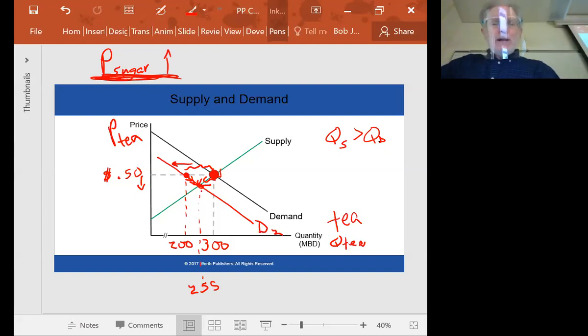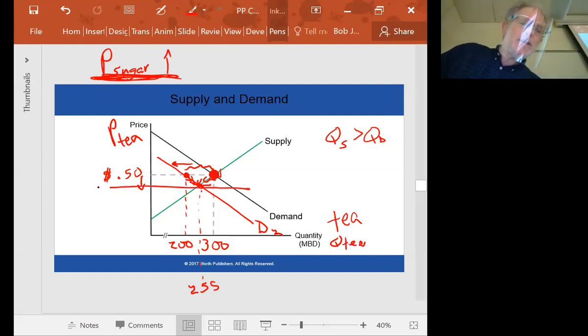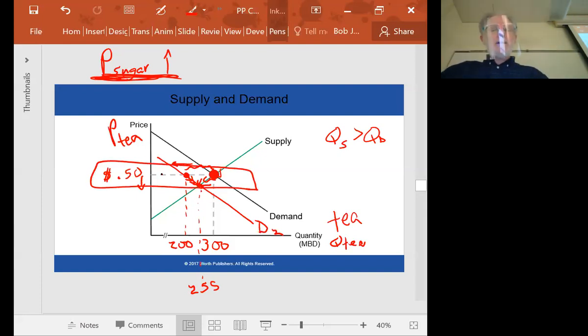So if you had this graph and I said, what is the amount of the surplus if the price was 50 cents, then you would focus on what you have right here. You'd say, okay, 50 cents, read over to demand, this is the quantity. Read over to supply at the same price, read down to the quantity.